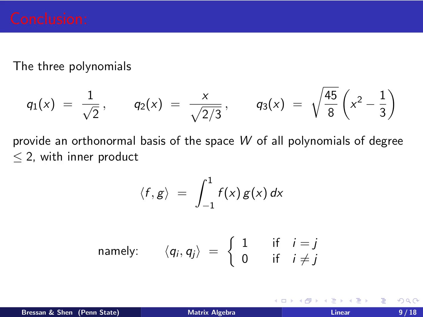Okay, so now let's summarize what we have shown through this example. The three polynomials Q1, which is a constant, Q2, which is a polynomial of degree 1, and Q3, which is a polynomial of degree 2, written in this special form, provide an orthonormal basis of the space W of all polynomials of degree less than or equal to 2, with the given inner product, that is, the inner product of f and g is the integral of f times g from -1 to 1 dx.